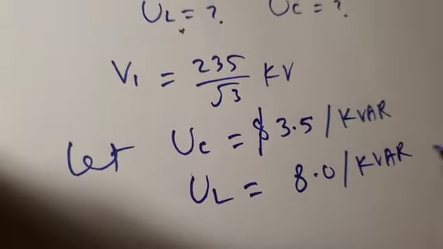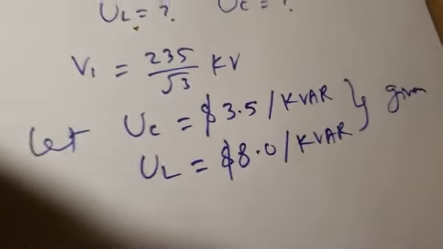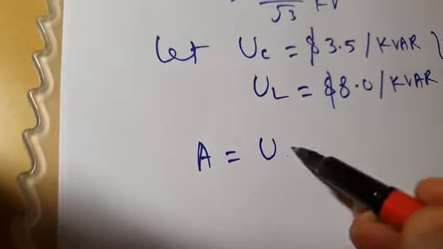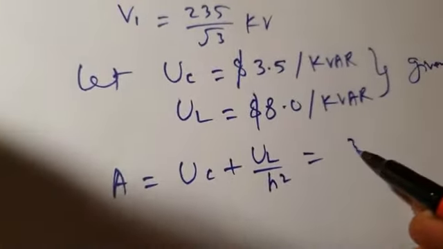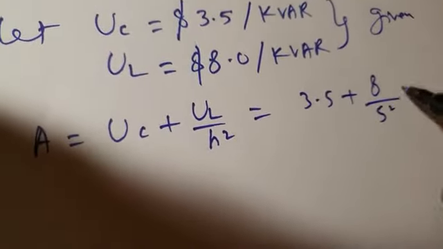Now I have to find the total cost. So A is equal to UC plus UL by H square. UC is 3.5 plus UL is 8 by H, which is 5, square.